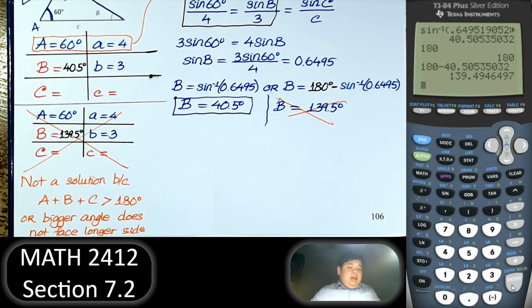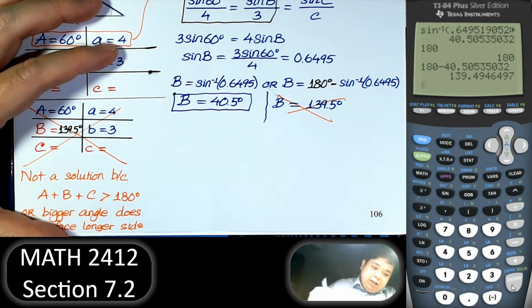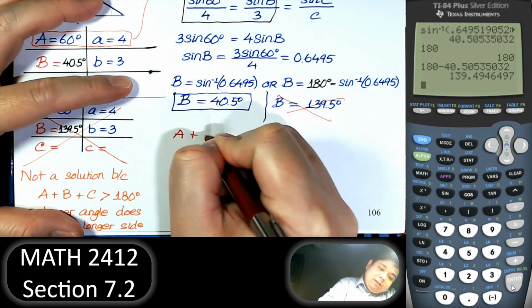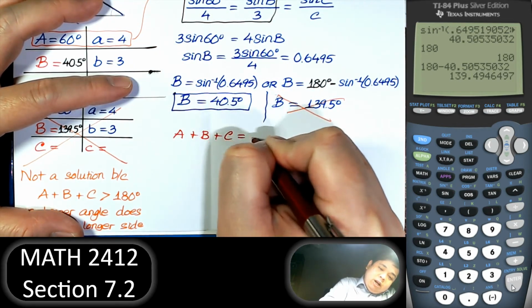Right, next, like I said, usually in the right triangle we can pick and choose the information, whatever is given, and we go from there. However, in these scenarios where we have just any triangle, we cannot choose anymore. Whatever information we have, we just have to go from there. Now we know A and B, we should know C. So first, A plus B plus C is 180 degrees.